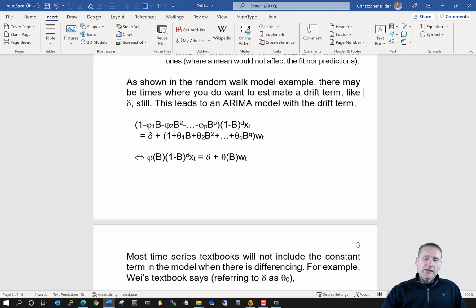For now, though, let's take a look at what our full ARIMA model could look like with that drift term. So here's our ARIMA model. We have this AR component. We have the differencing as well, times x of t. That's set equal to the random drift term plus the moving average operator times w of t.